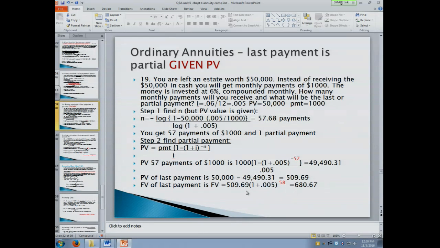So you have to take this and find its future value with the compound interest formula. And that last payment, in 58 payments, is going to be $680.67. So you're going to get 57 payments of $1,000, and your last payment is $680.67.